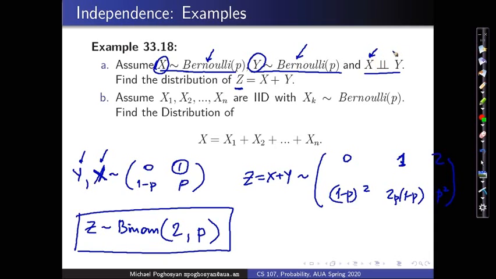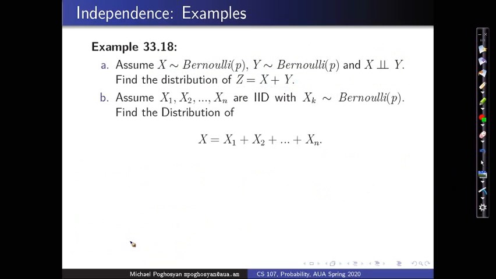And trials are independent, so X and Y are independent. And in adding X plus Y, I am calculating the number of successes in two trials. What we know is that the number of successes in two independent trials is exactly binomial 2, p. This was just by description or definition of the binomial distribution.